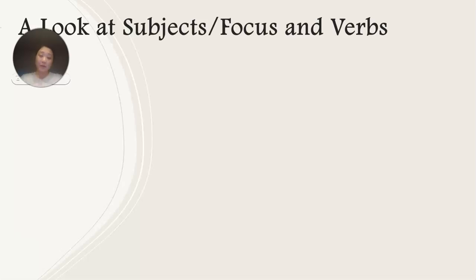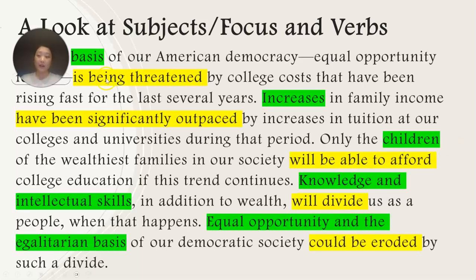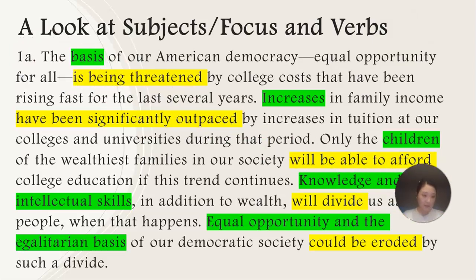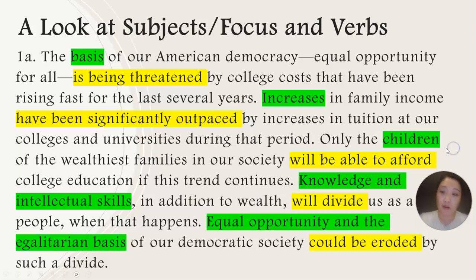Okay? So, first thing to note is where the subjects and where the verbs are. So I have in this one here, and I'm just going to move myself here. Okay, there we go. That way I'm out of the way, but you can still see me. You notice here I have highlighted in green all of the subjects of each sentence, and I have highlighted in yellow all of the verbs for the subjects in each sentence.